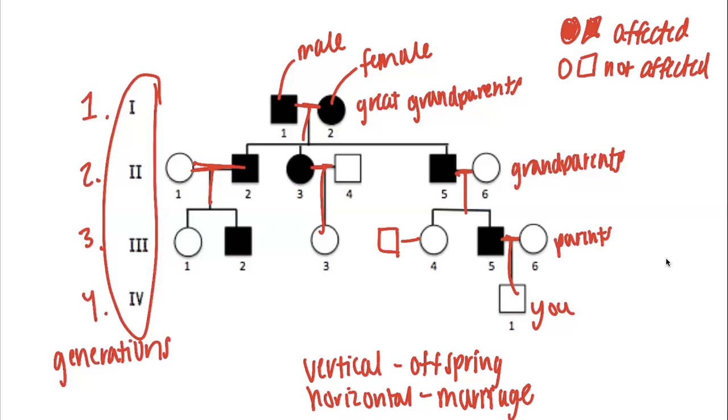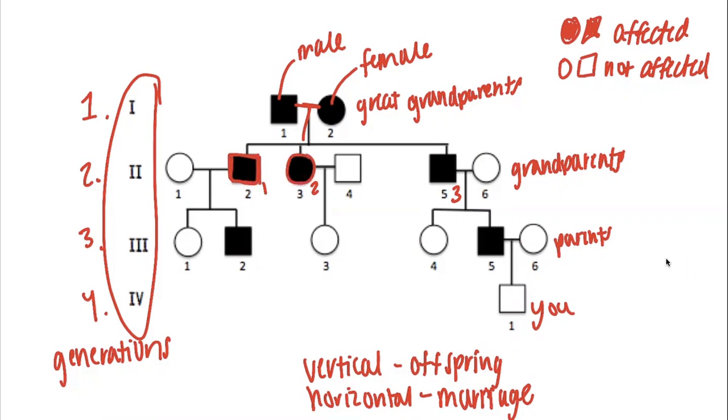The only other thing I want to highlight is that if we look at, and I'll erase some of these lines so it's easier for you, our great-grandparents, they had 1, 2, 3 children. They had 3 children in that order. This one here is the first child, so this would be the eldest child.